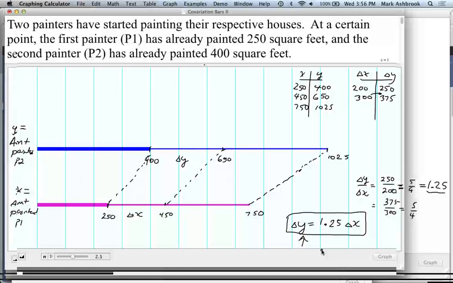Go with painter 1. Make it easy on yourself. Every square foot that painter 1 paints, painter 2 will paint 1.25.